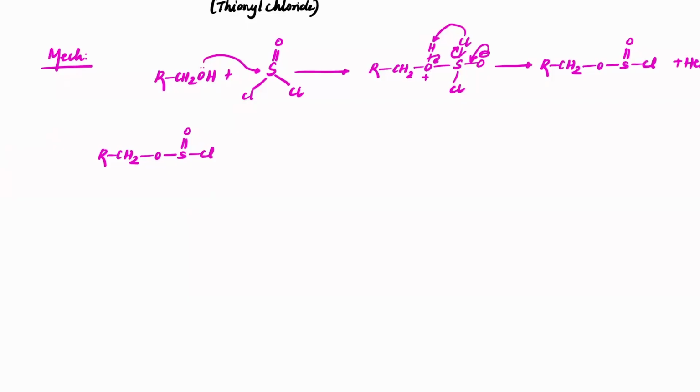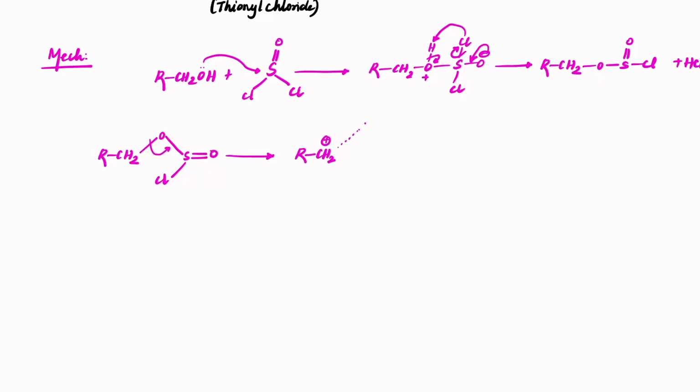Now, this is a very interesting intermediate here. If I write this intermediate properly, you can see we have CH2, we have oxygen, then we have S double bond O, and then we have Cl here, correct? Now, this basically starts showing a carbocation behavior as this bond will start moving.